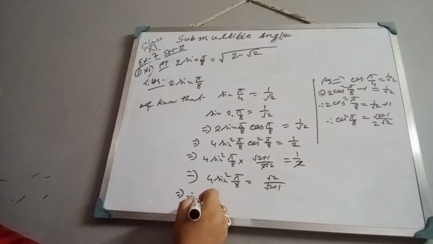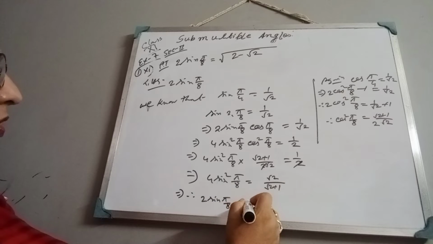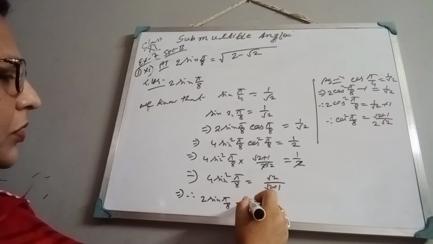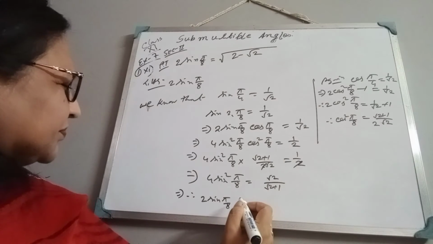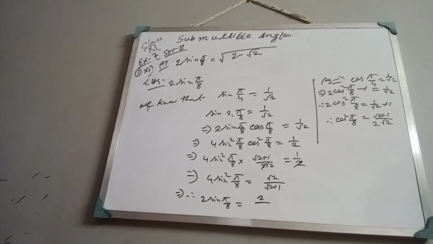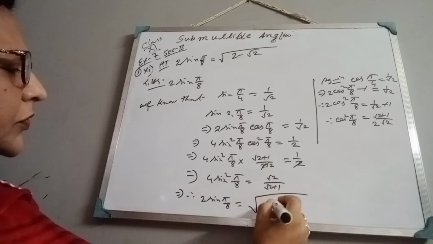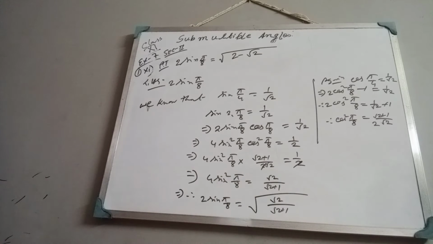Therefore 2 sine pi by 8 is equal to square root of this term. So it is coming 2 sine pi by 8 is equal to square root of root 2 by root 2 plus 1. This we can write.